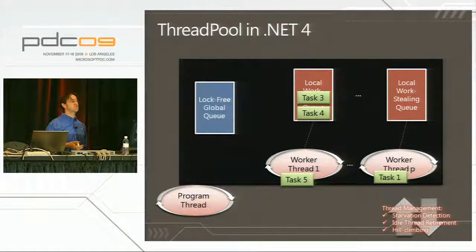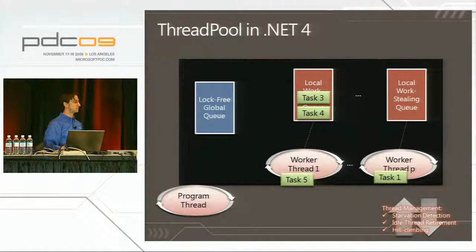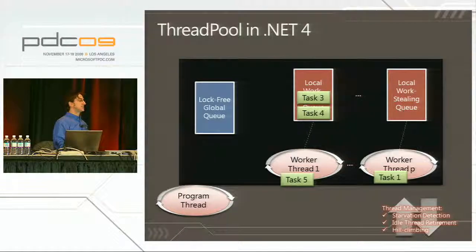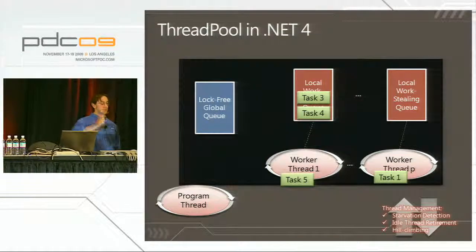L2 might take, let's say, 20 cycles. L3 might take 100 or 200, and then main memory is beyond that. So ideally, threads will access data that's in their cache. When we pull data out from memory, it gets cached locally, and then hopefully you touch your cache more than having to go back to main memory. And this is cache locality, basically staying local to your caches, saving the cost of all those trips.